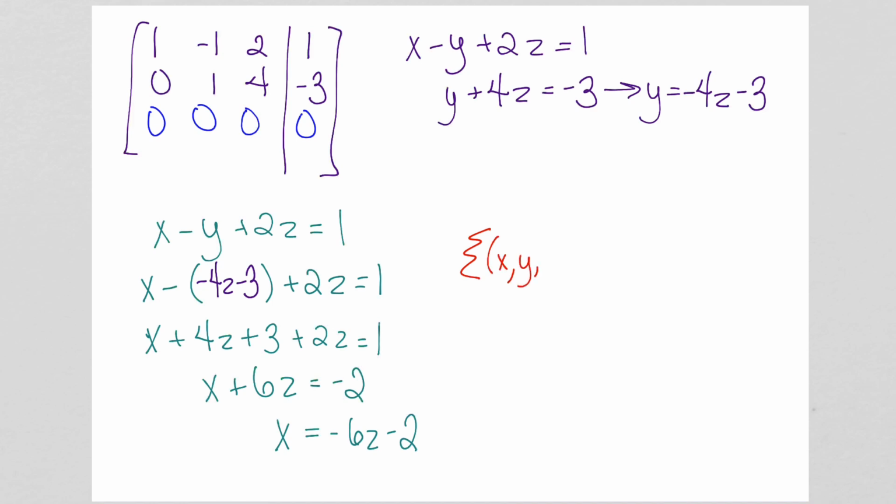Graph x, y, and z such that, that's how it's written, such that we have that x is equal to negative 6z minus 2, and y is equal to negative 4z minus 3, and z is any real number, which I like to write like that.